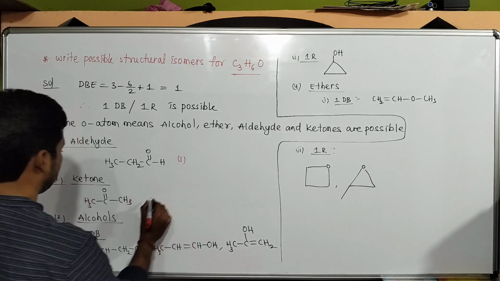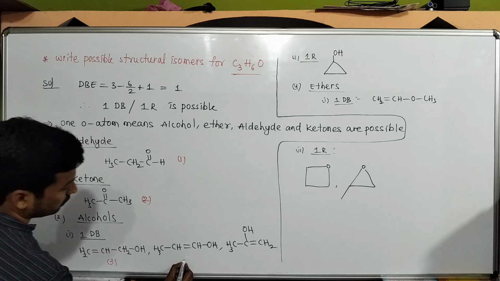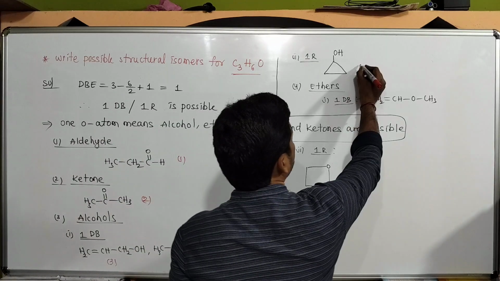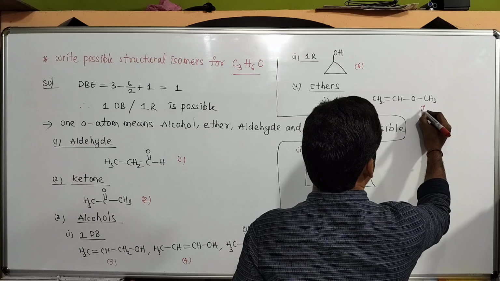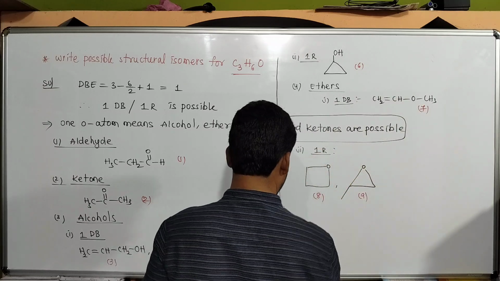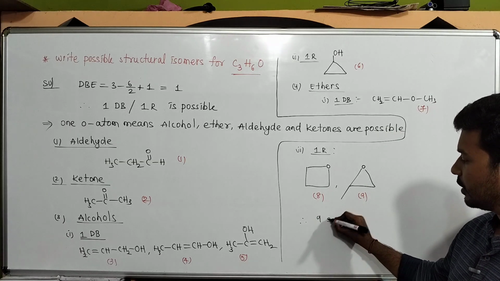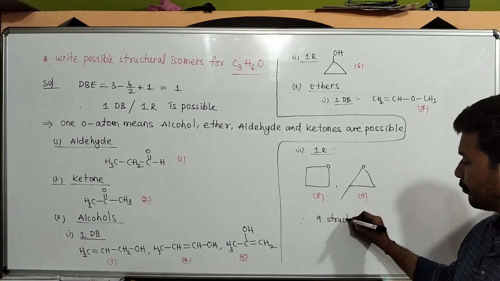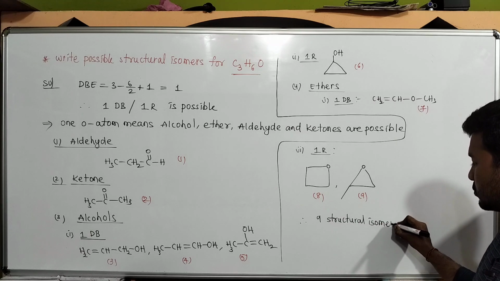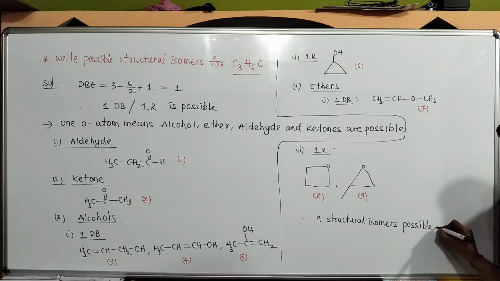One aldehyde, ketone is the second one, this is third, fourth, fifth, sixth, seventh, eighth, ninth. Therefore, what we can write? 9 structural isomers possible.